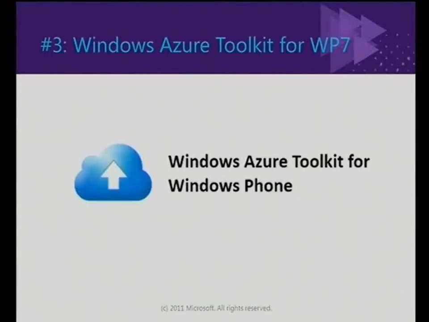So there is a download that is available. It's called Windows Azure Toolkit for Windows Phone. What it allows you to do is create an application using which you can send notifications directly to a Windows Phone or an iPhone. In fact, they plan to include Android in it as well, so you can start sending Android notifications.